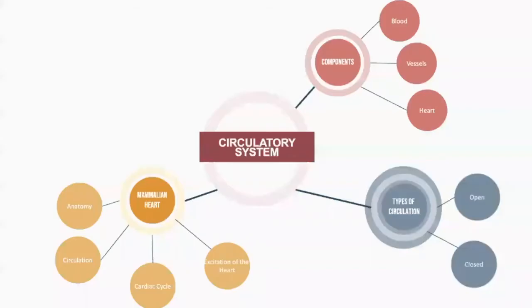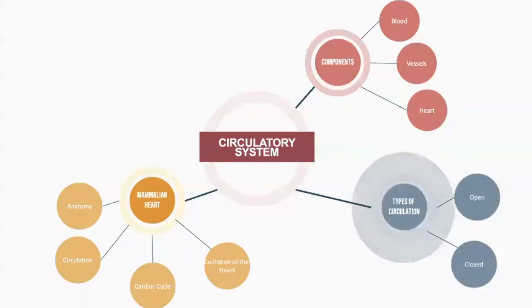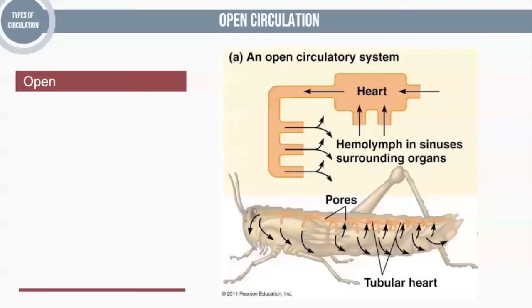Okay, so we've finished the first branch. Now we'll focus on the second branch, which is on the types of circulation. For the types of circulation, we have two, the open and the closed circulation.